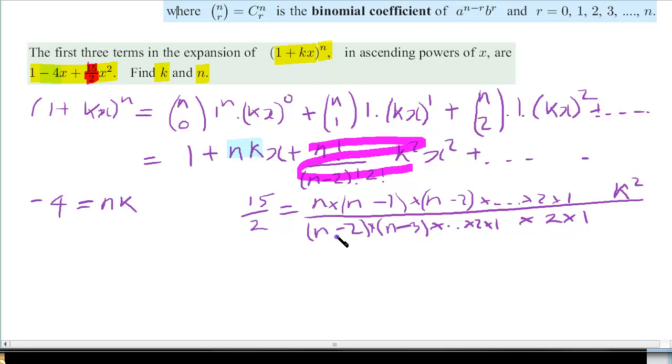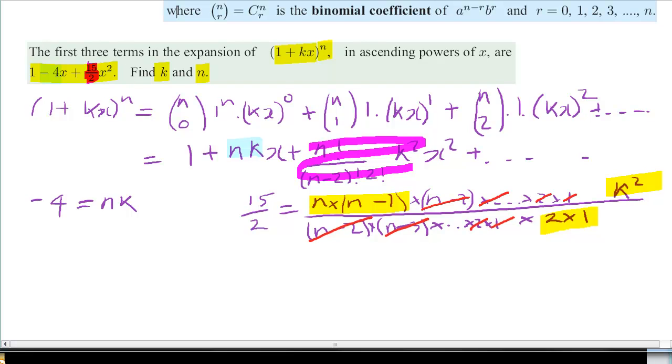Now what we will notice is this n minus 2 here will cancel out with that n minus 2, and the n minus 3 will cancel out with the n minus 3 here, and so on until we get down to the 1. So all that we are left with on the top is n times n minus 1 and the k squared, and on the bottom just 2 times 1, which is 2.